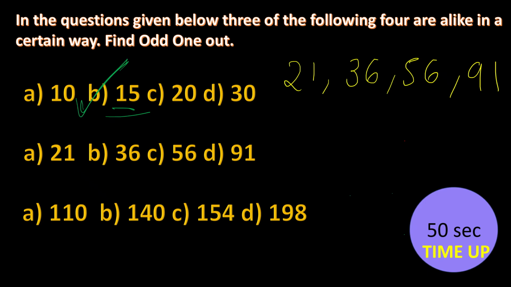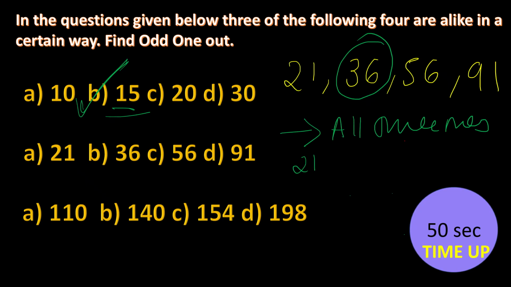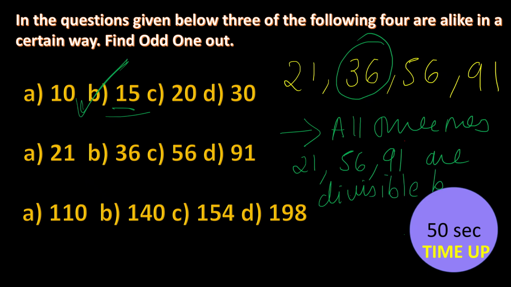So which one is odd one out? 36 is odd one out because all three numbers, that is 21, 56 and 91, are divisible by 7. So only 36 is there in the group which is not divisible by 7. So that becomes odd one out.